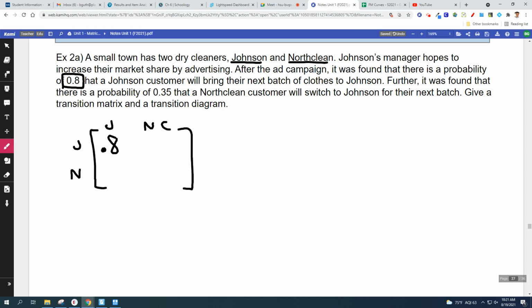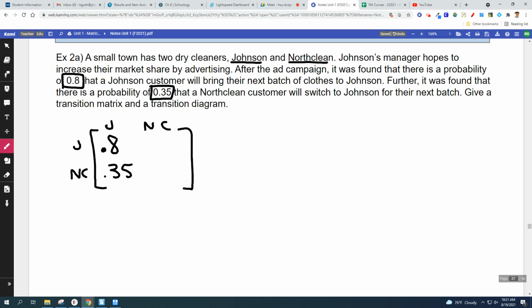The only other number in this problem says there's a 0.35 probability that North Clean will switch to Johnson. So what that means is from North Clean to Johnson is 0.35. Now it's a little bit tricky here because there are 2 other numbers. They aren't given to you, but it's pretty easy to figure them out because earlier we learned that the rows have to add up to 1, right?